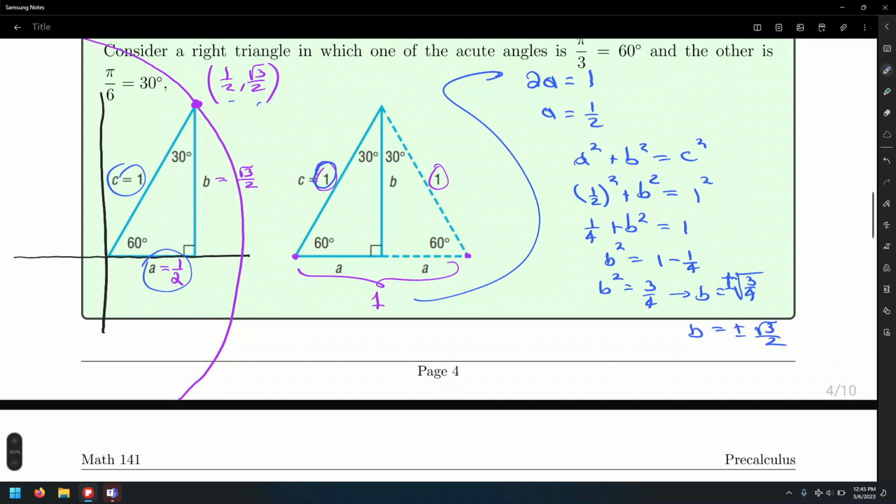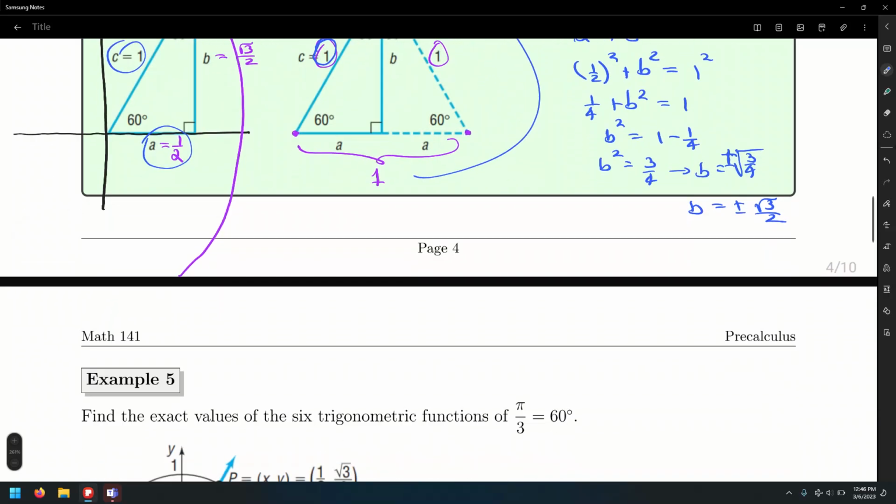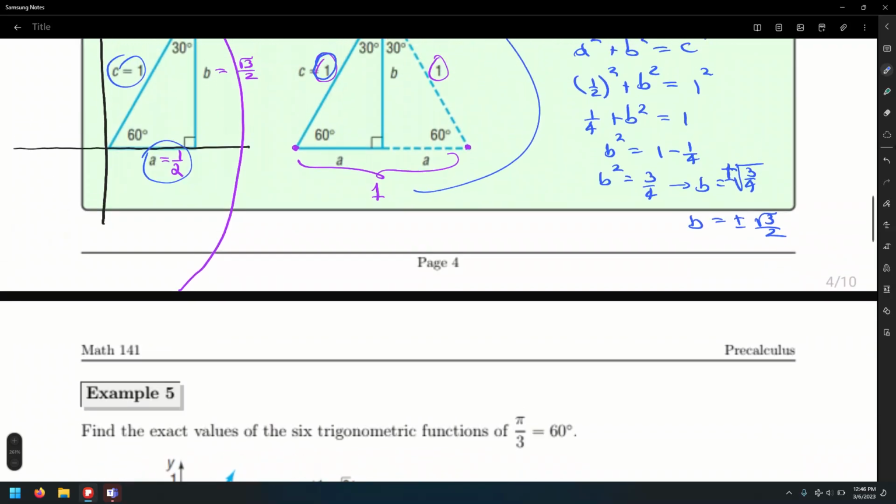Again, it was a basic geometry problem for which we had to write a baby equation to get the x component, and then just use our favorite Pythagorean theorem to find the missing side, because we already knew another side on top of that. All right? What's next?